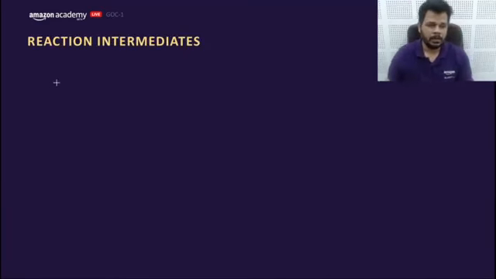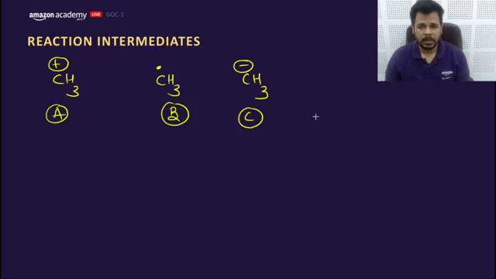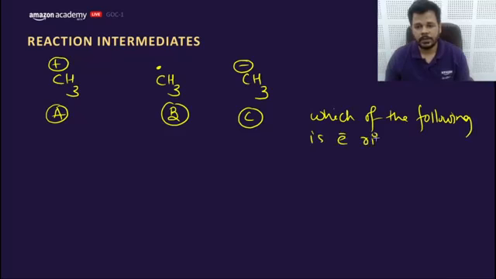Let me ask a question. Carbocation, carbon free radical, and carbanion are A, B and C. Which of the following is electron rich with a complete octet?